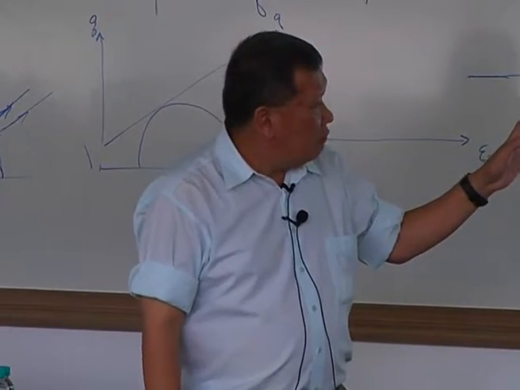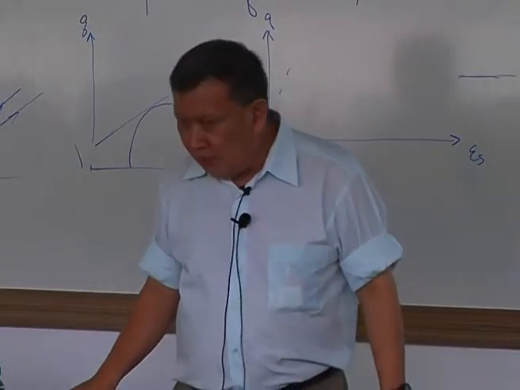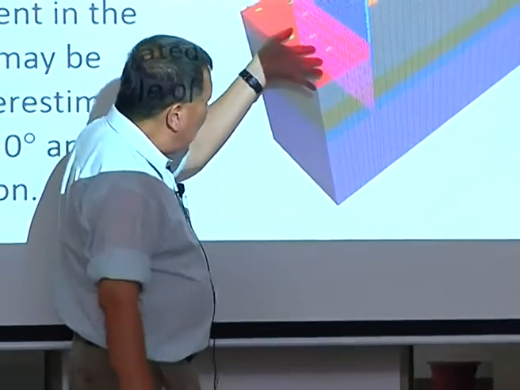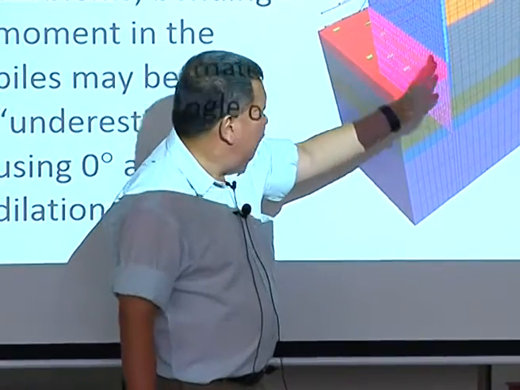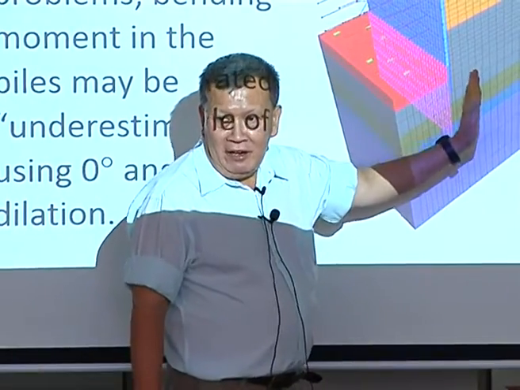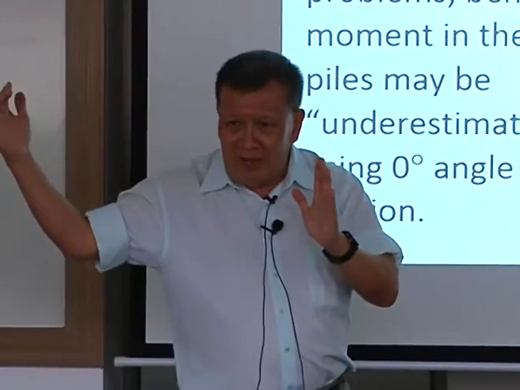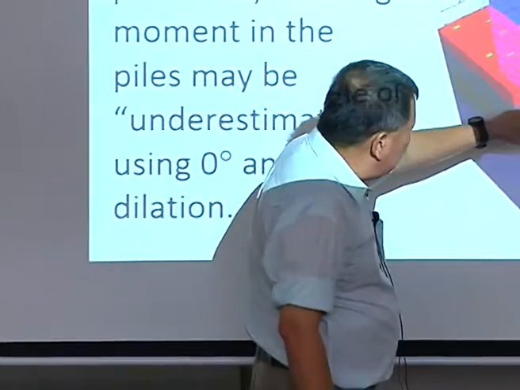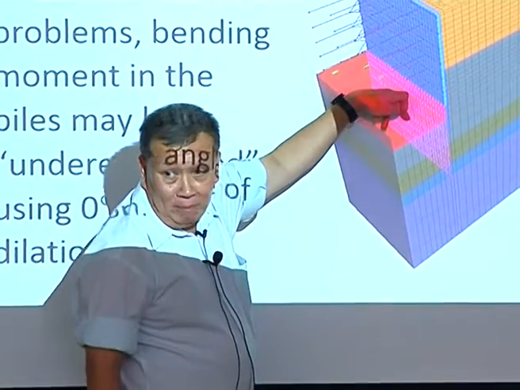This is a situation where you got a load sharing phenomenon. What is the load sharing phenomenon? You got a pile here which has some kind of retaining effect, right? And of course the wall has a retaining effect. So the wall and the pile are sharing the load of the soil behind the wall, pushing out. Now if the soil here has a high dilation angle, then more of the load is thrown onto the piles here.